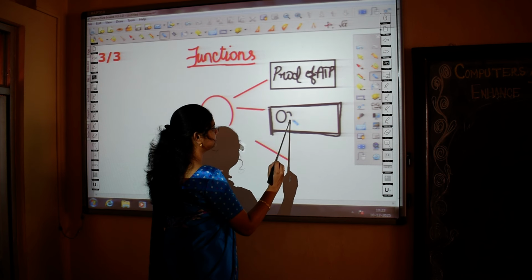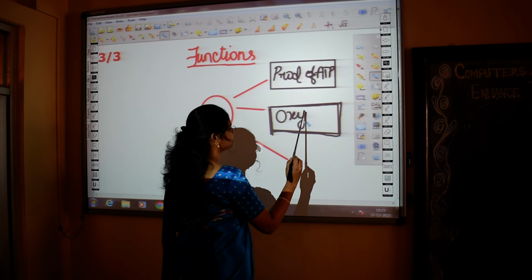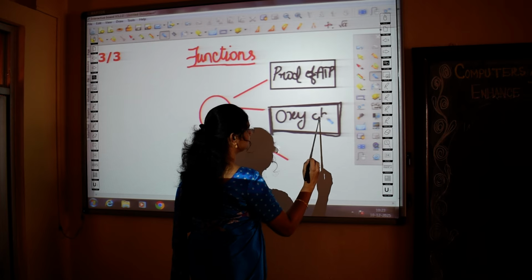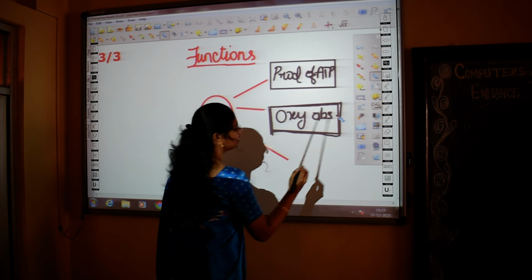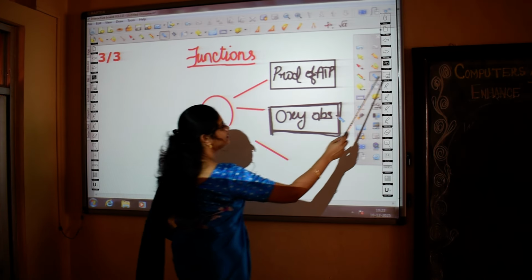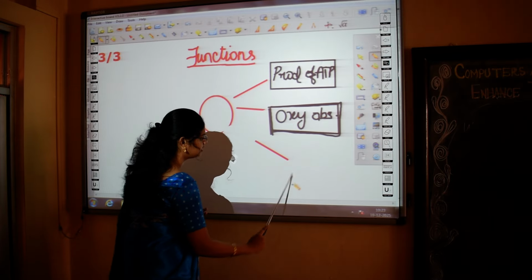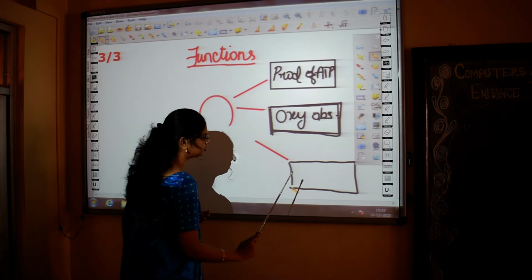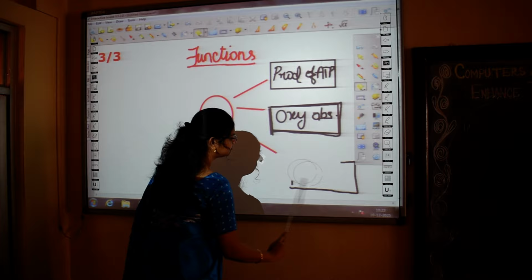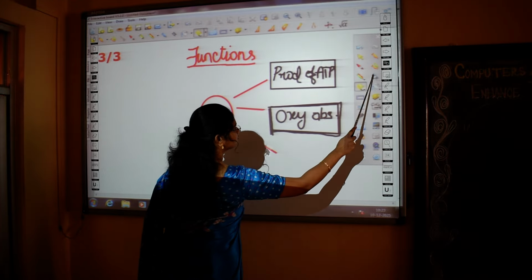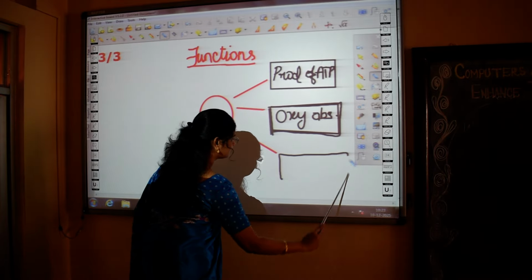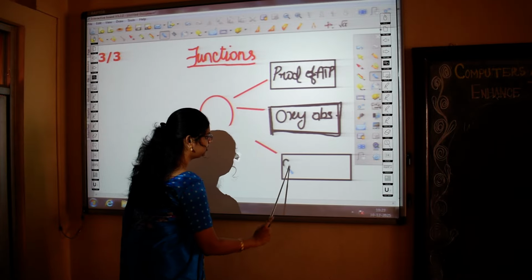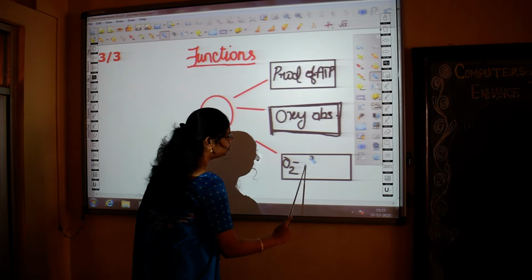The next function is oxygen absorption. And the next function is oxygen and CO2 balance.